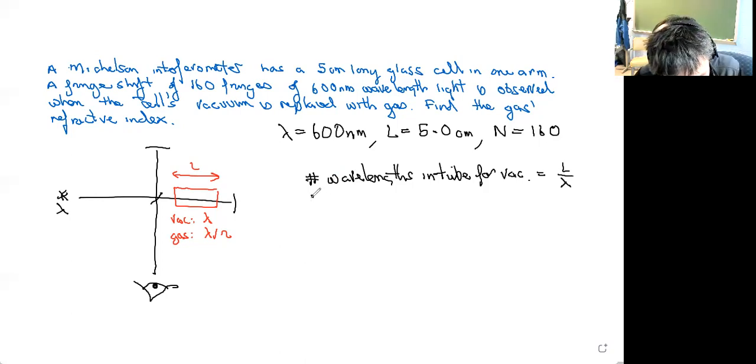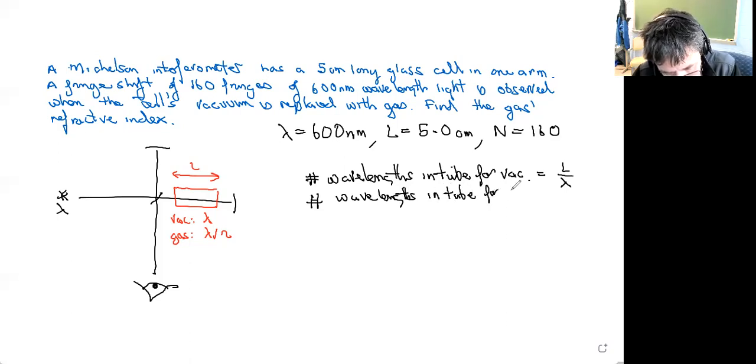We can write down the same thing when we've got gas in the tube. Number of wavelengths in the tube for gas. Now this again is the length of the tube divided by the wavelength of the light in the gas.